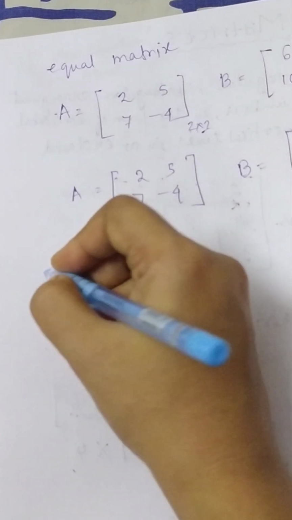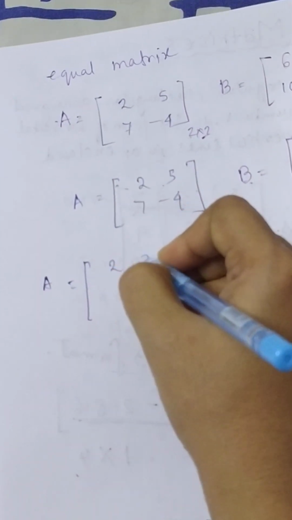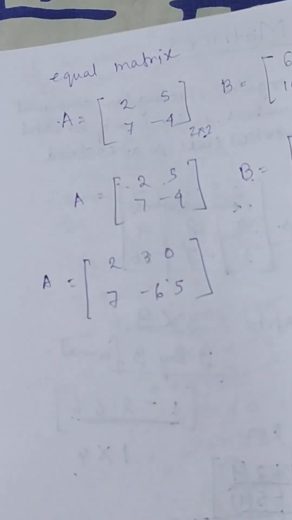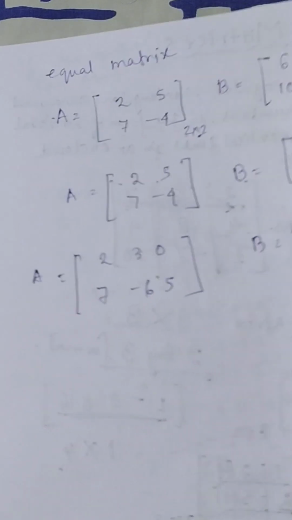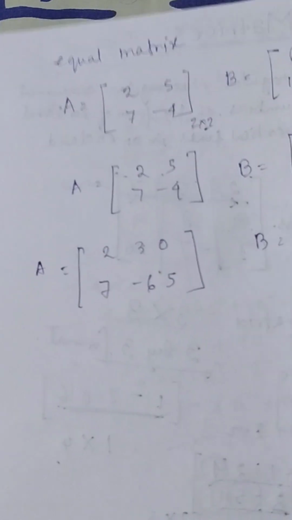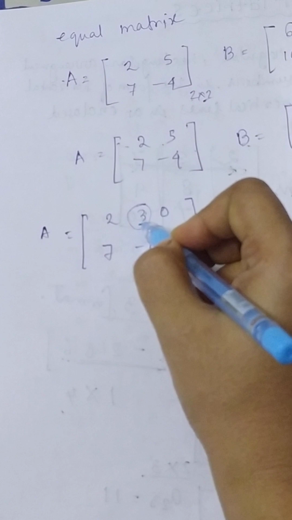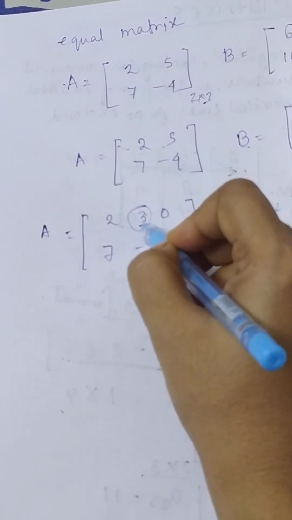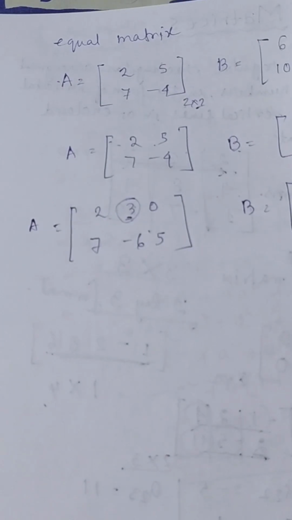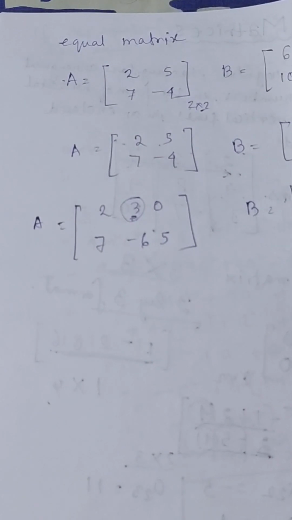But in the case where it is suppose A equals to 2, 3, 0, 7, minus 6, 5 and it is suppose 2, 0, 3, 7, minus 6, 5. You can see that the A12 term and the B12 term are not equal. Here it is 3 and here it is 0.